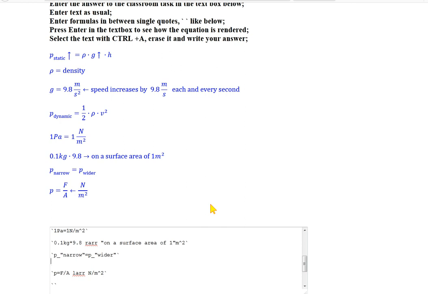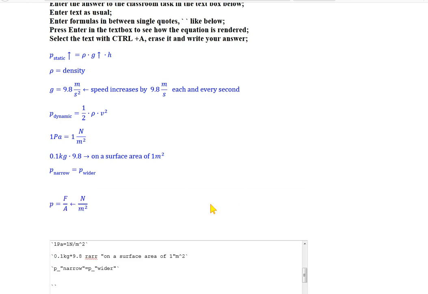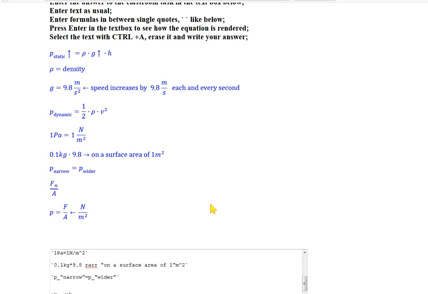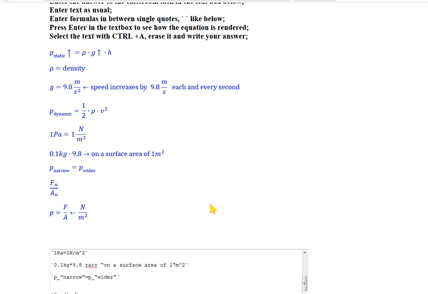What you have is the force that you exert upon the narrow piston divided by the cross-sectional area of the narrow, A sub n. It's equal with the force that you are going to place, which is the weight of the car, upon the larger piston, F sub L, divided by the cross-sectional area of the larger piston, A sub L. Let's use capital L so we clearly see that.